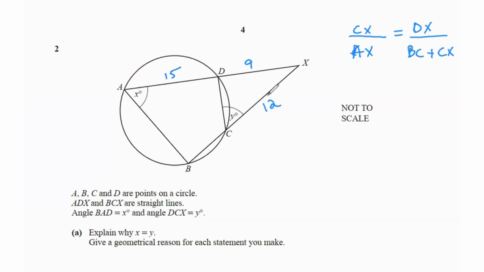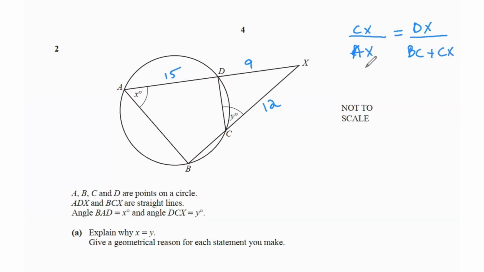CX is our hypotenuse over here, and AX is the hypotenuse over here. I don't know if it's the hypotenuse, but it's like the slant length. And DX over here is this length over here, and BC plus 12, the corresponding length on the other triangle, is this one.